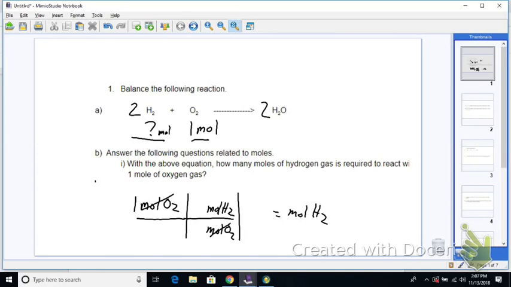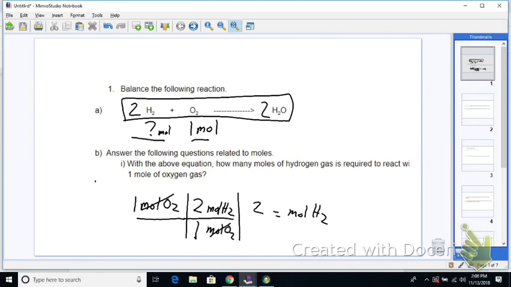Then we plug in our numbers from our balanced equation. We'll plug those in anytime we want a relationship between moles. So for every one of these, you get 2 of these, and your answer is 2. But you already told me that, because your answer is already in the setup.